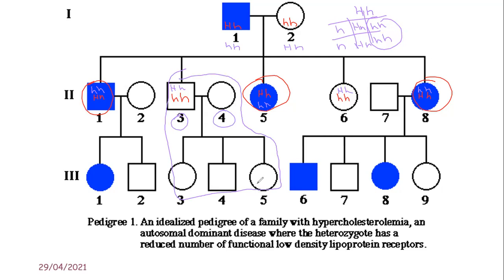So if none of them are sufferers, that means we've definitely got an interesting situation here. Again, we've got sufferers with non-sufferers, non-sufferers with non-sufferers, and sufferers.